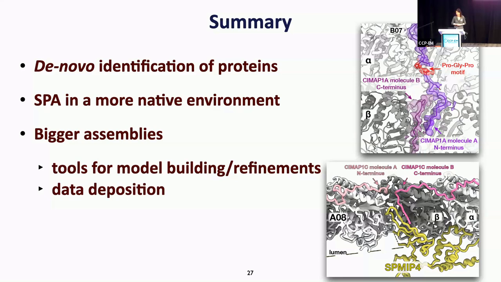And data deposition becomes a big issue for us. I think a discussion that the community should have is about the composite map, the deposition compared to the consensus map. All of this I think we should discuss, because, for example, for this 96 nanometer, we're talking about more than 100 maps, right? So do you really want us to deposit all of this?